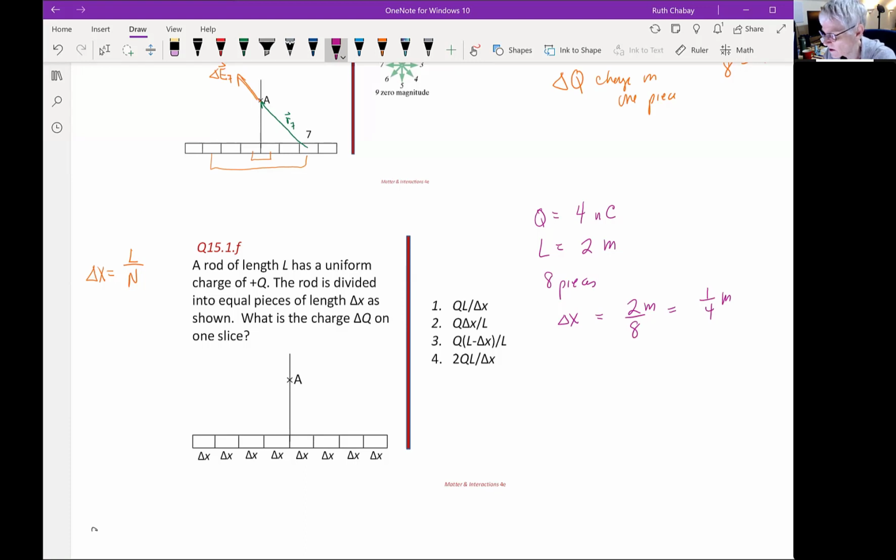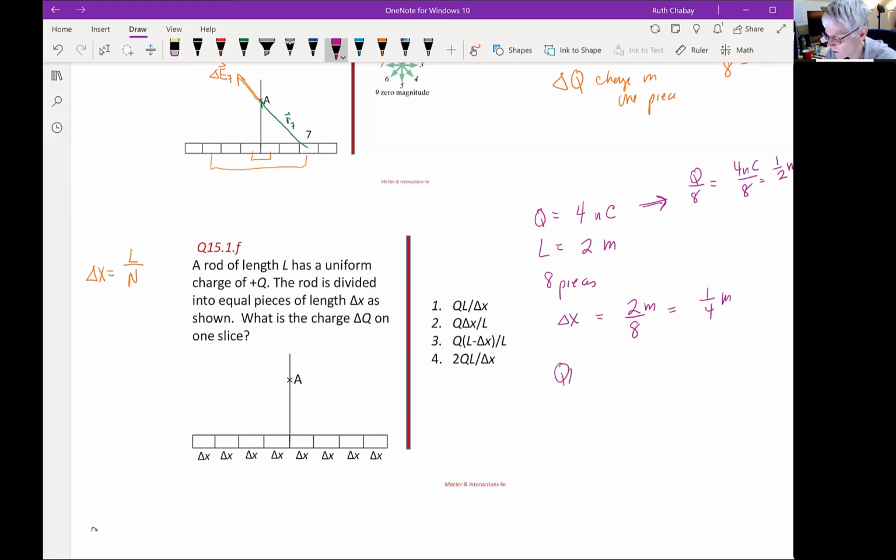If we have 8 pieces, the charge had better come out to Q over 8, which is 4 nanocoulombs over 8, or 1/2 a nanocoulomb, right? So let's see what happens.